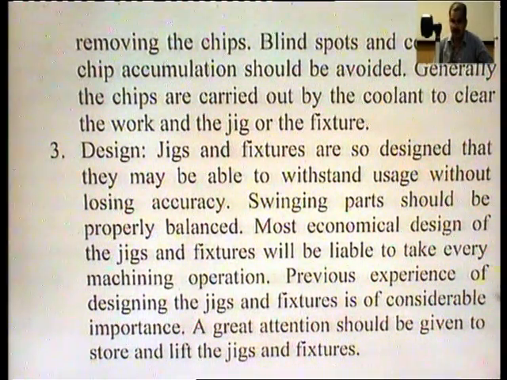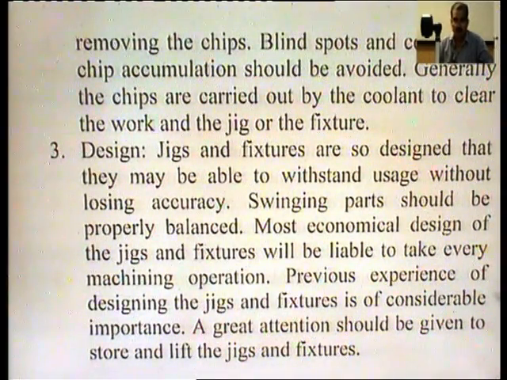So, sufficient clearance should be there between the jig or fixture and the workpiece, so that the chips which are produced during the machining operation can be removed easily from the nooks and corners of the jig. Otherwise, these chips get accumulated.